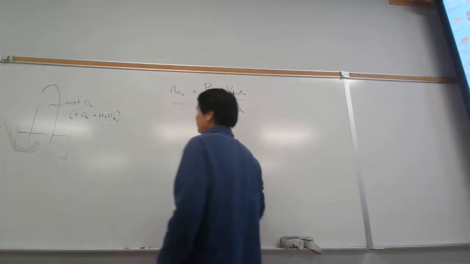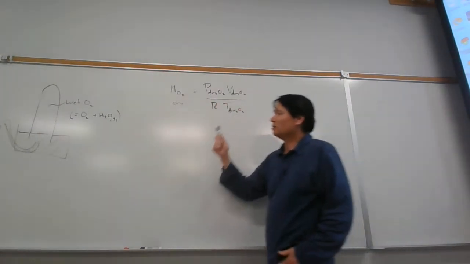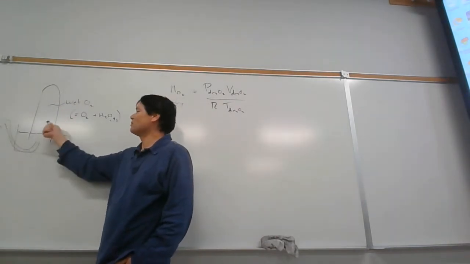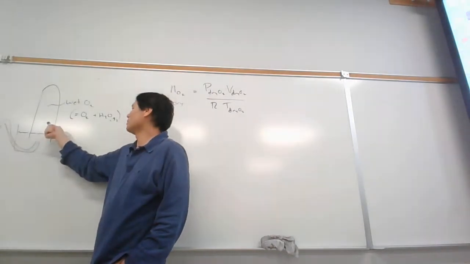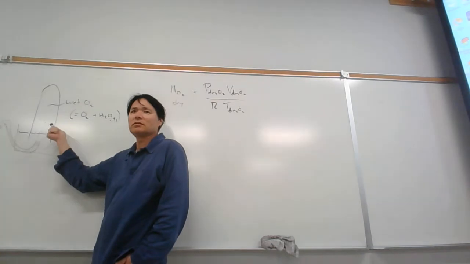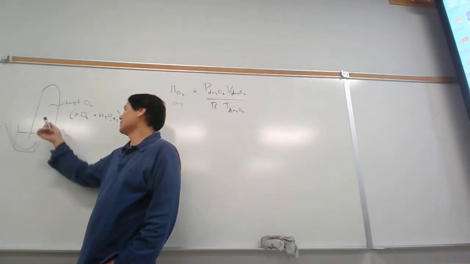Well, let's do the easiest one first. The temperature of the dry oxygen. Will the dry oxygen in here and the water vapor have the same temperature? Is the water vapor colder or hotter than the oxygen? What do you think? Well, both gases are in the same container. It's in a mixture.